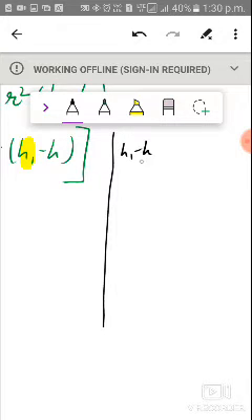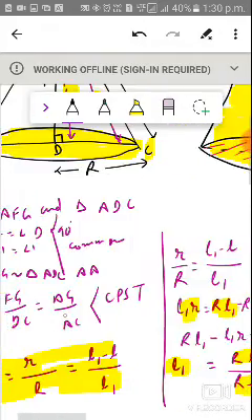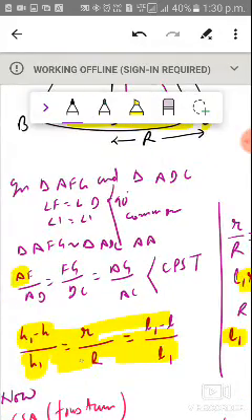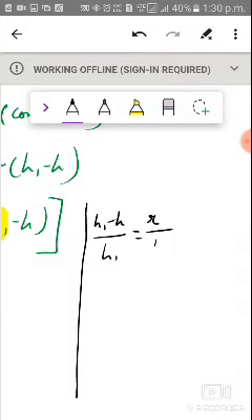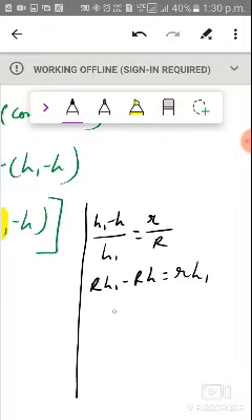So (h1 minus h) by h1 is equal to small r by capital R. By cross multiplying, I can write R h1 minus R h equals to r h1.